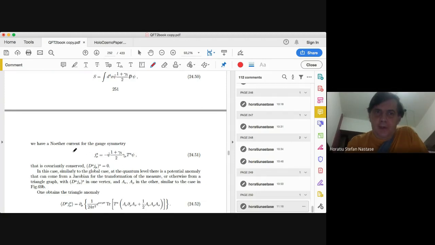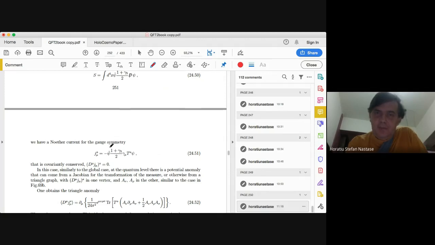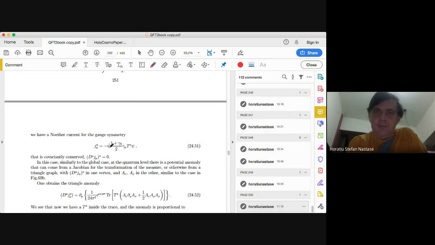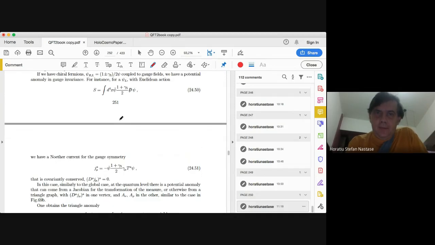then we have another current for the gauge symmetry, for the local symmetry. Calling this a gauge symmetry, remember, is confusing. We discussed this when we talked about the Noether currents. It means that we don't have del mu j mu equal to 0 conservation.